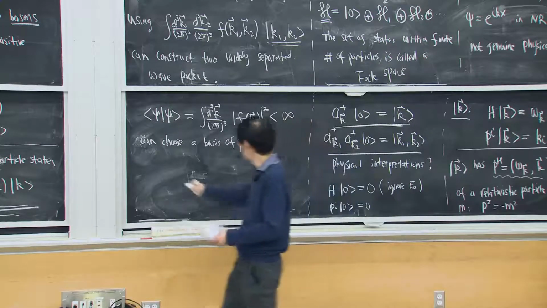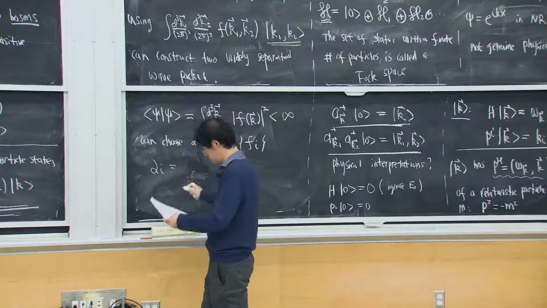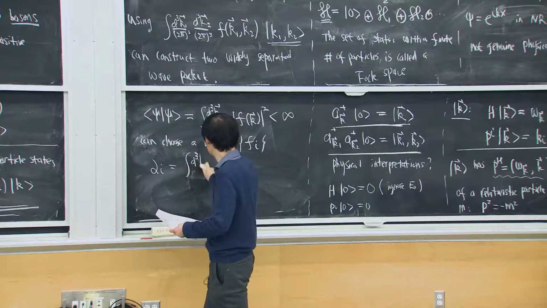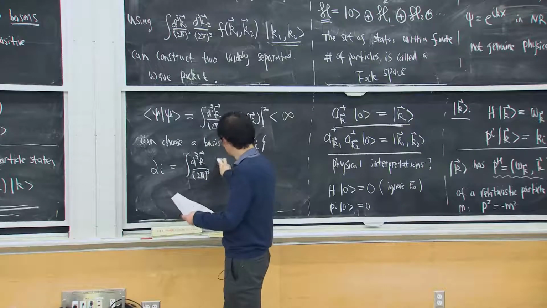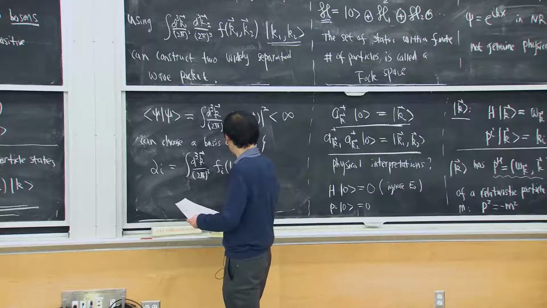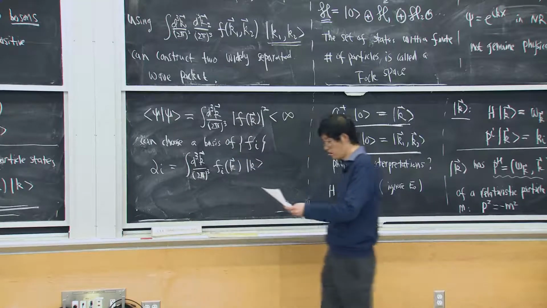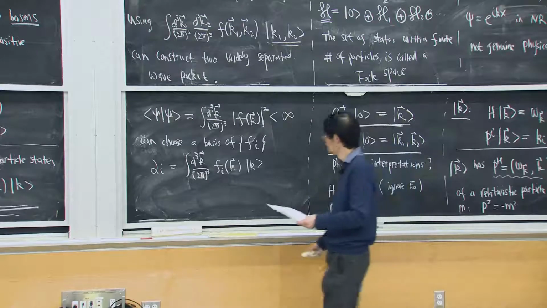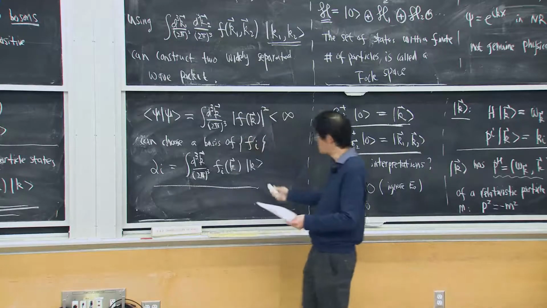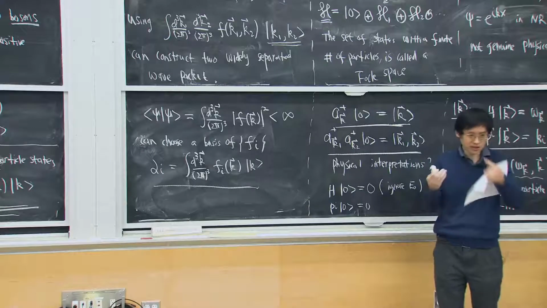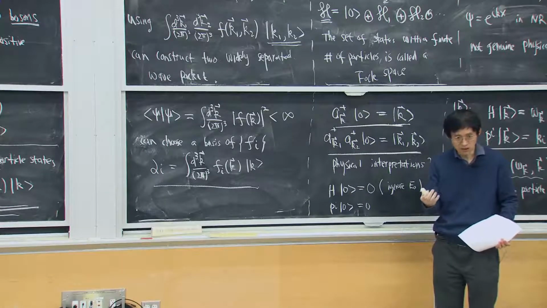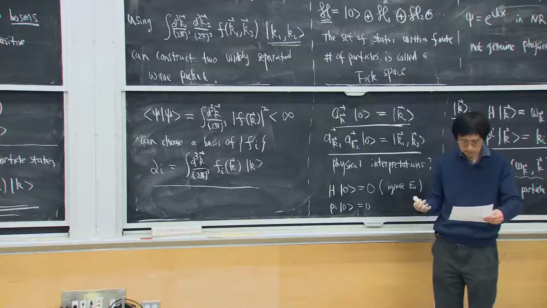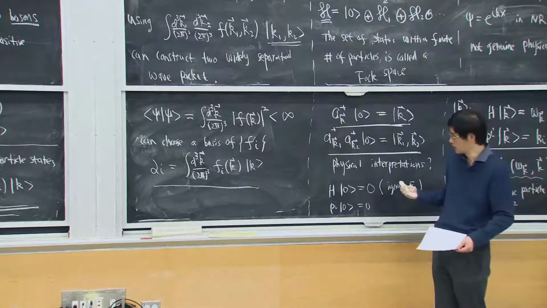And then this alpha, then you can define alpha_i, and then this will provide a basis of the single particle normalizable state. Okay, a single particle state.